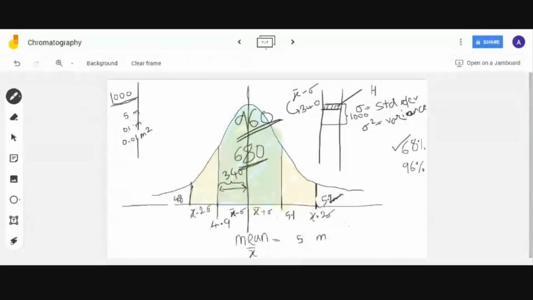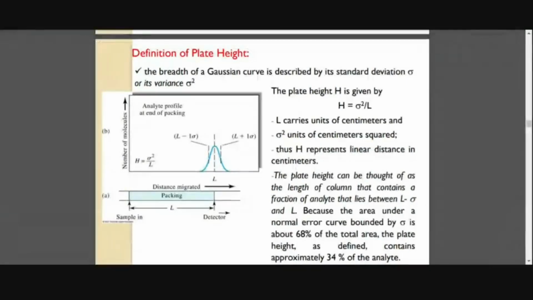I will read the definition again. I hope it will make sense now. The plate height can be defined as the length of column that contains a fraction of analyte that lies between L minus sigma and L, where L is the length at which you are getting the peak.